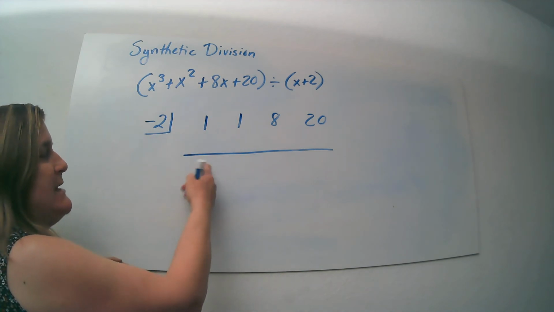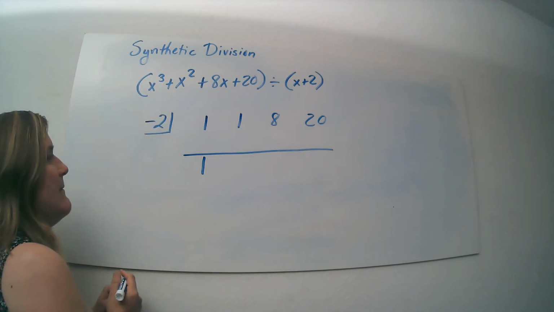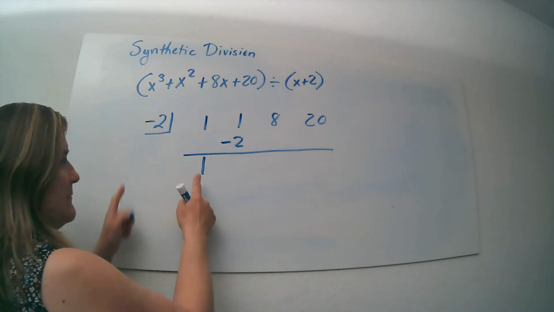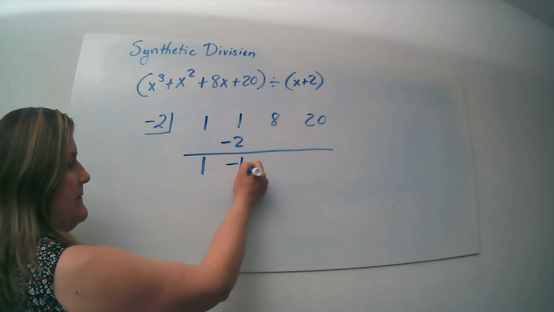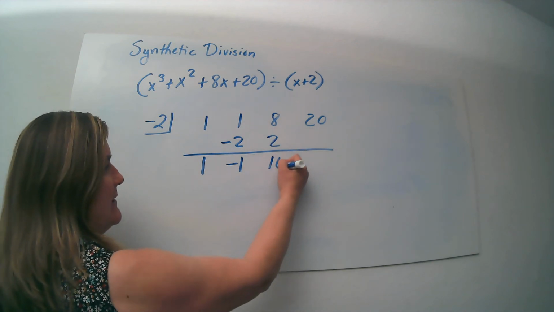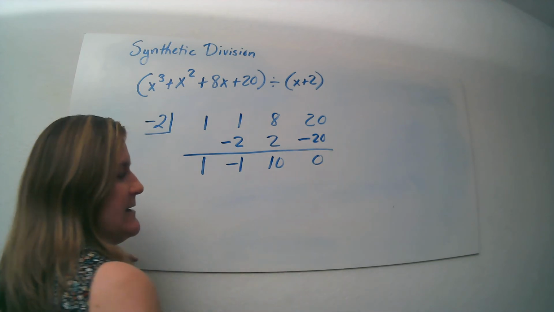So we bring down our first number, the first coefficient. And now we multiply and add. Multiply and add. And multiply and add.